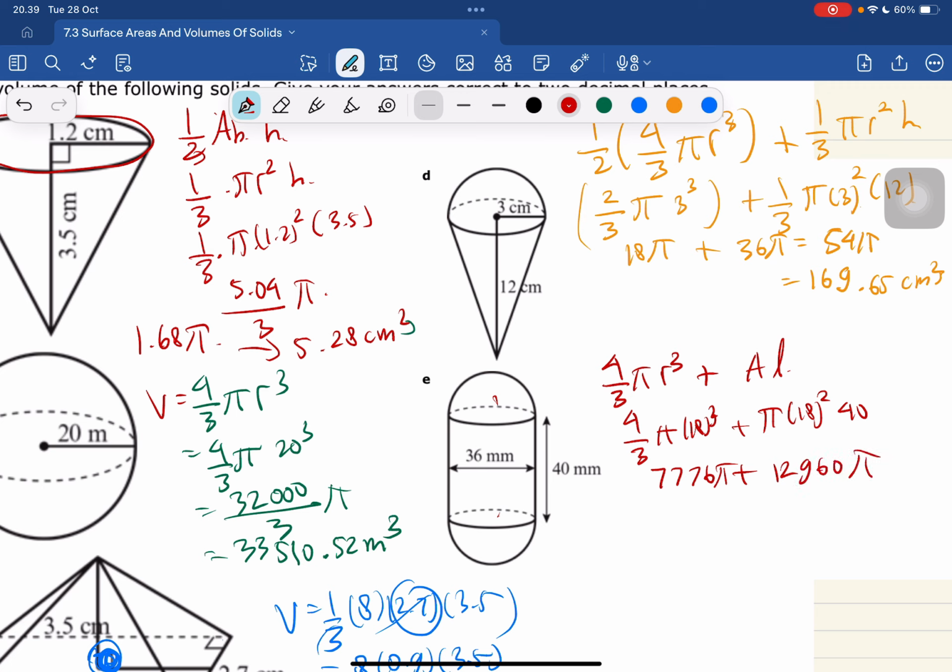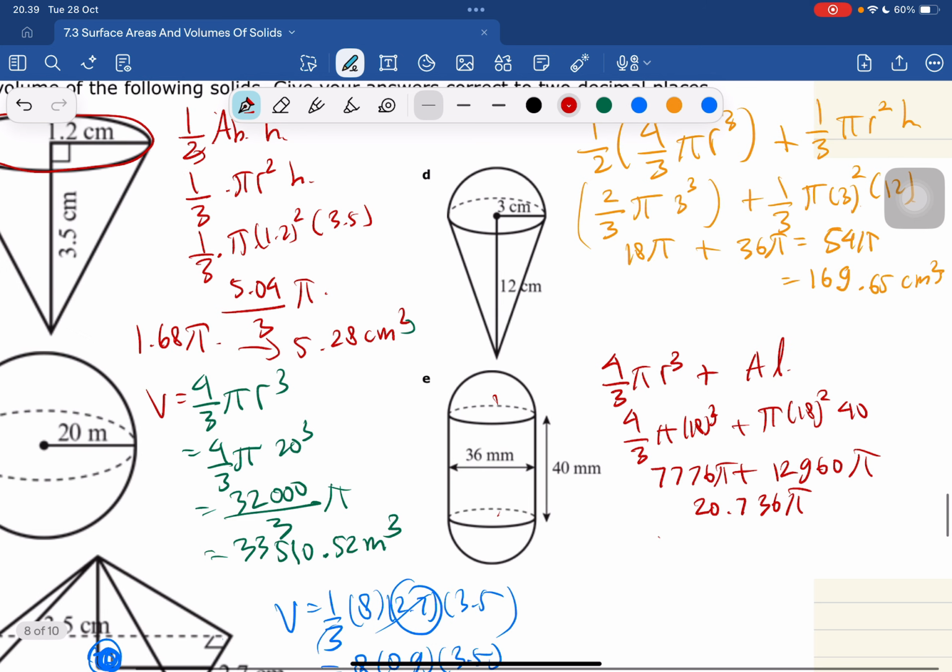We add them with 7,776, so it's going to be 20,736 pi. Okay, we make it to 2 decimal places, so this will give us the answer of 65,144.07 millimeters cubed.